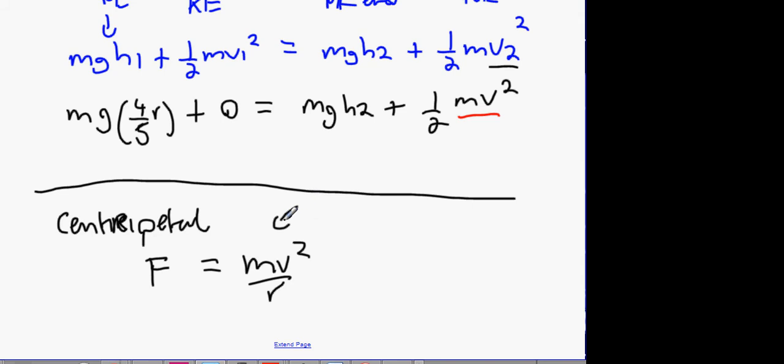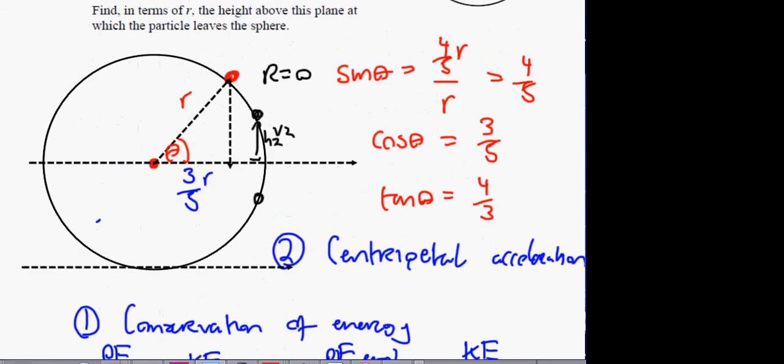So let's go back to the top and figure out what are our forces at play here. Well, we're going to have a reaction force R that's always perpendicular to the surface point and diagonal right out. We also have the mass of the particle, which is mg.